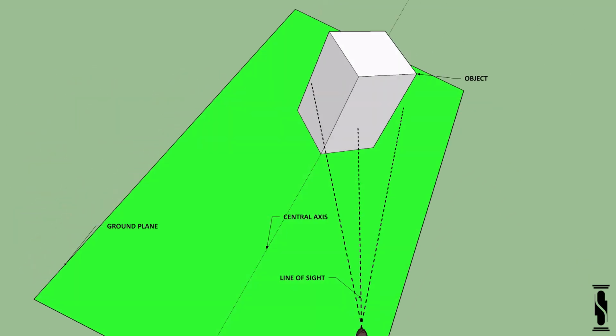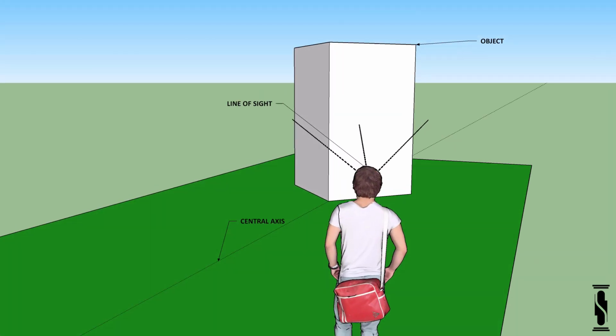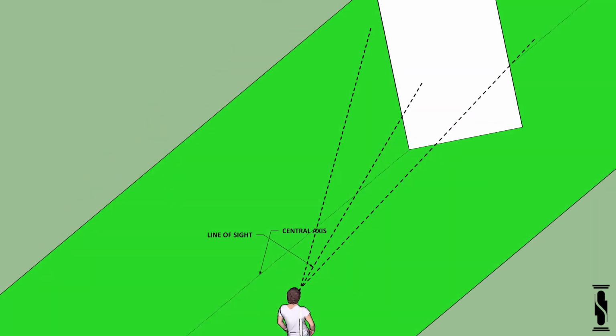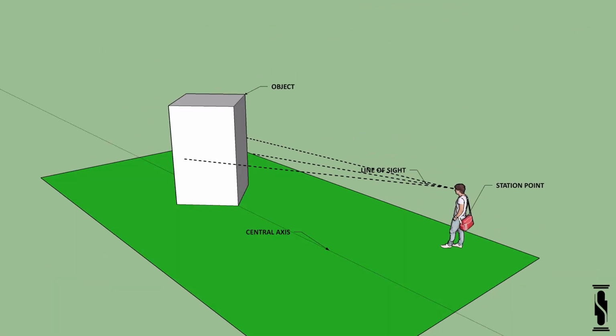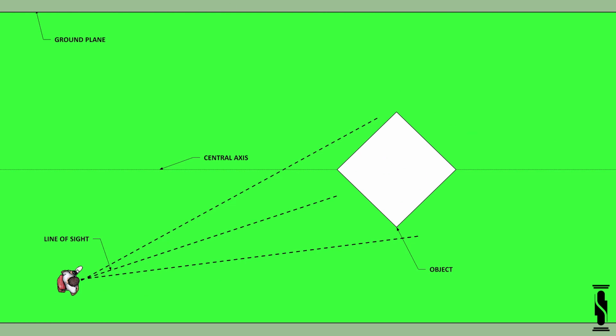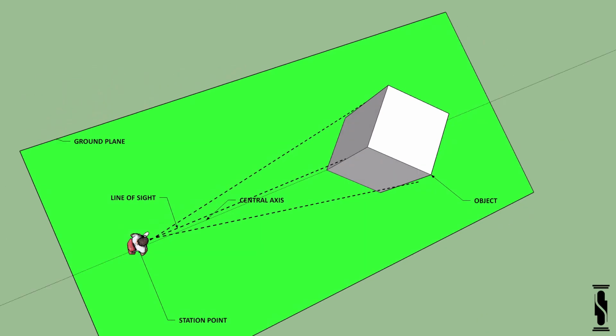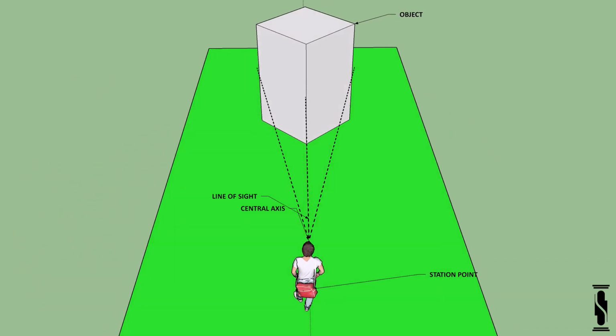And if the observer stands on the right side of the central axis, the observer will see the right face of the object prominently rather than the left face. So, in general practice, the station point should be taken nearby or on the central axis for a better perspective view.